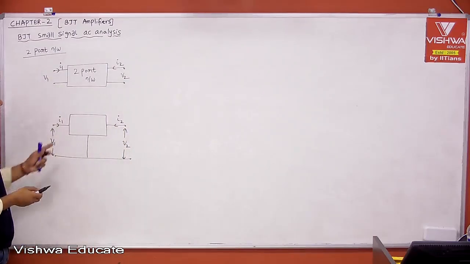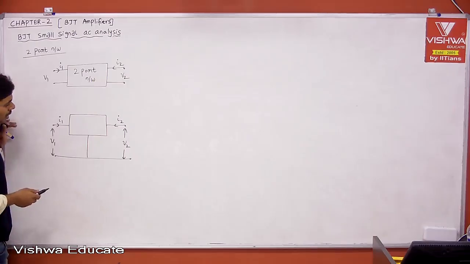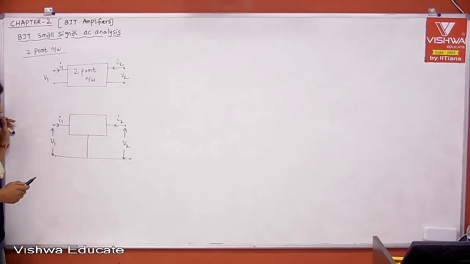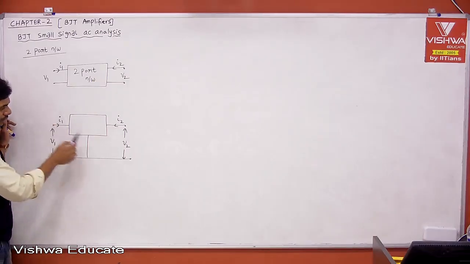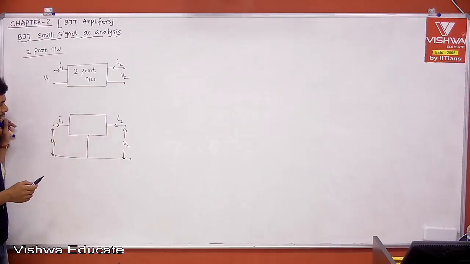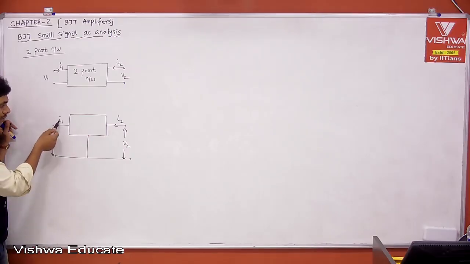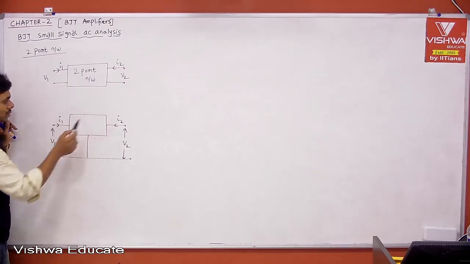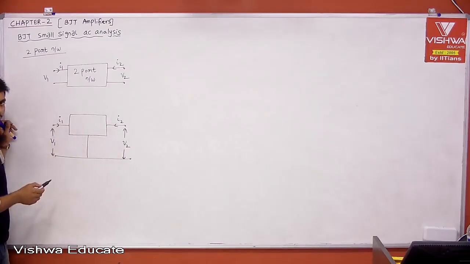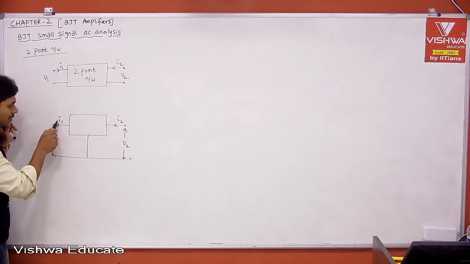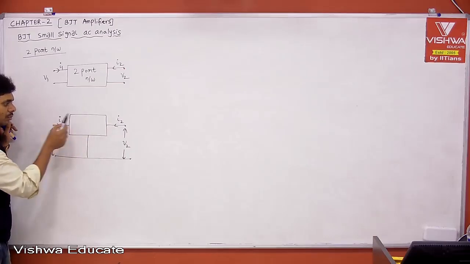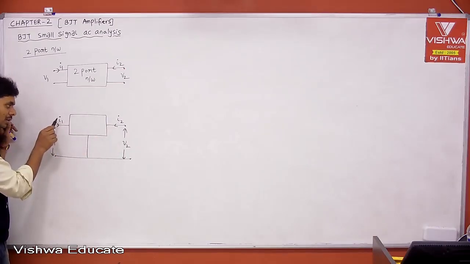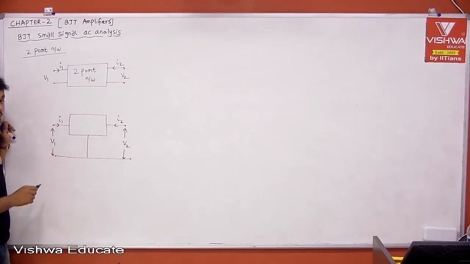Now I want to characterize the black box. To characterize it, we have V1, I1, V2, I2. Because of V1 what is I1, because of V1 what is I2, because of V1 what is V2, or because of I1 what is I2, because of I1 what is V2, because of I1 if there is a current source excitation what is V1.